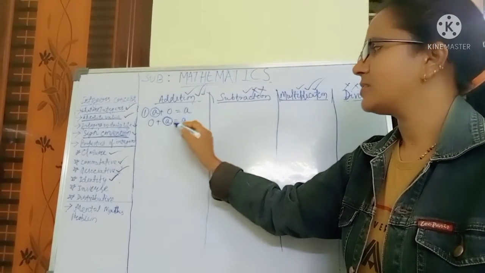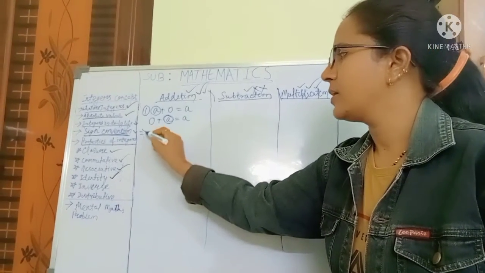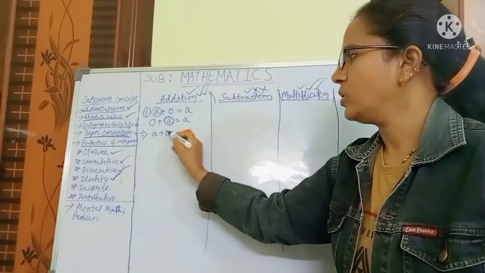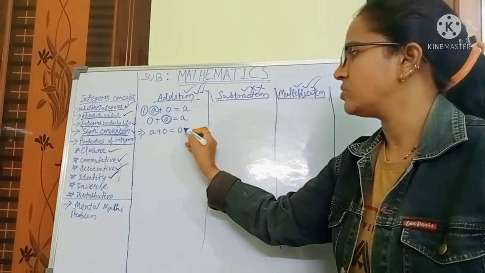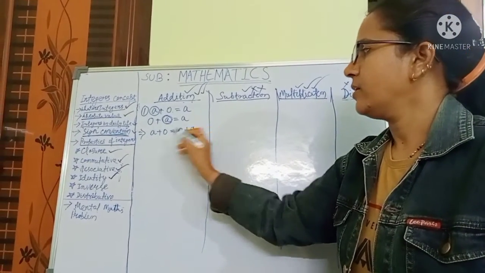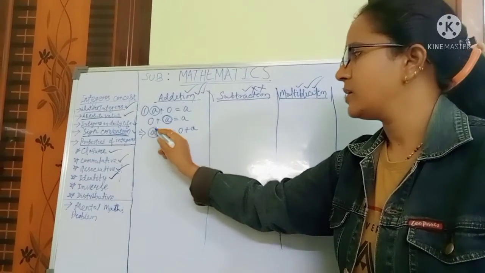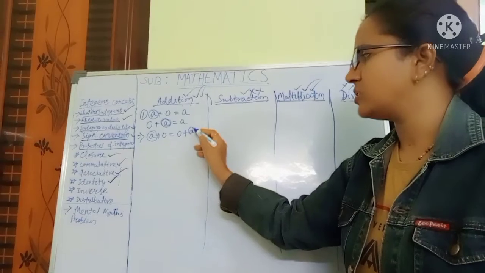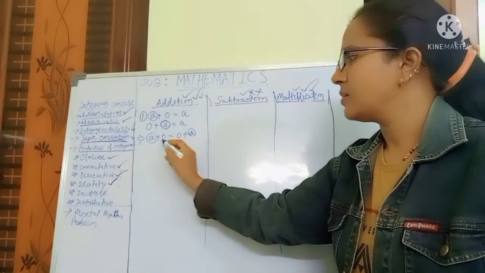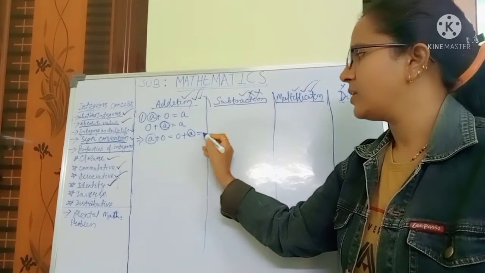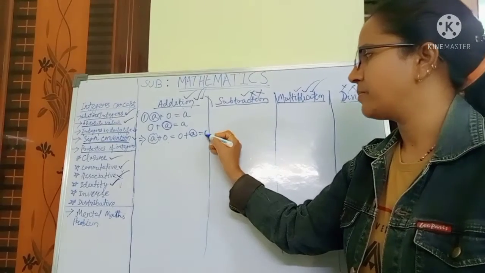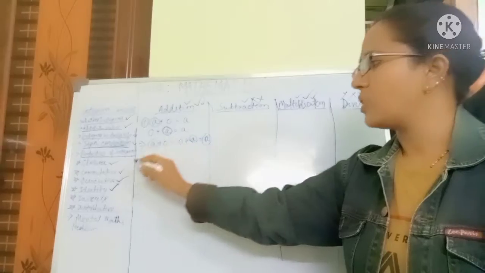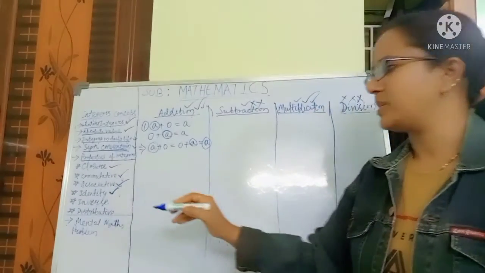In a similar way, if a is added to that value, its identity will not change. So in the identity property, a plus 0 is always equal to 0 plus a. If a number is added to 0 or 0 is added to that number, the result will be the number itself. So this is called the identity property.